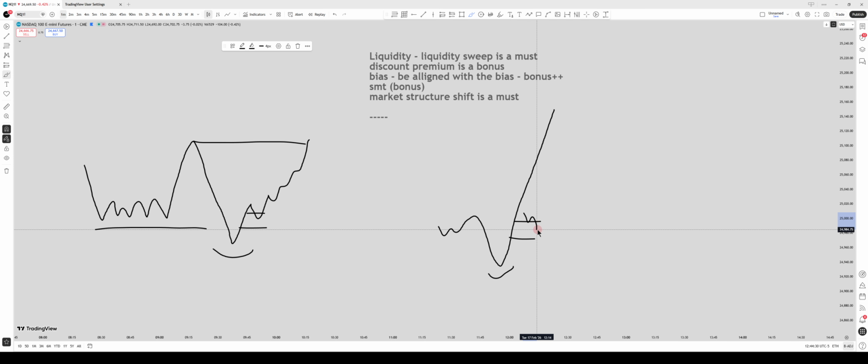Price just tapped here and made an intermediate term low. If you see a suspension block right here and a fair value gap right here, instead of waiting for price to come back to this fair value gap, you're going to use this suspension block right here. So that's one case scenario.